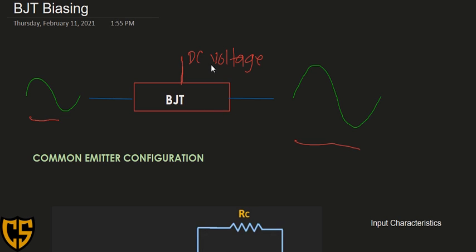So in fact, the energy supplied by your DC voltage will be the one used to amplify our input signal. So the application of your DC voltage to your transistor is what we refer to as our DC biasing.